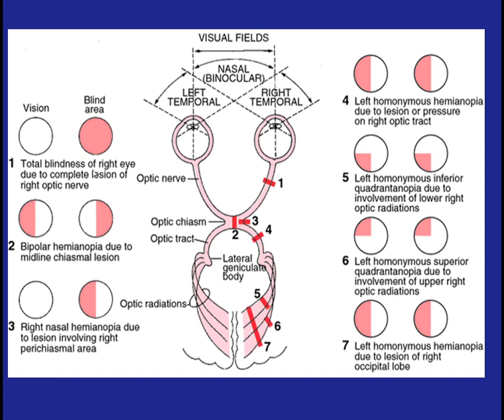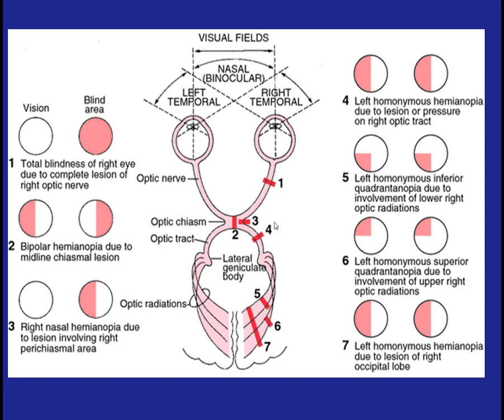Total blindness of the same eye, in this case the right eye, due to complete lesion of the right optic nerve. So, this eye is blind. Easy.